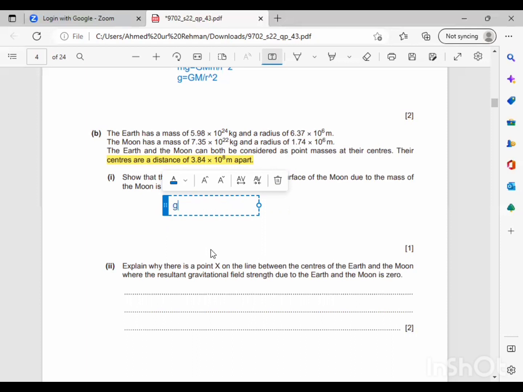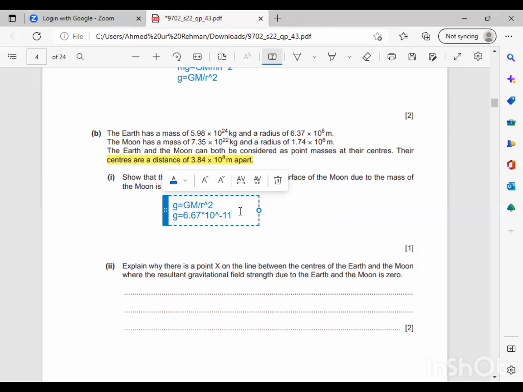You first write the formula to show that you're using it, and then input the values.